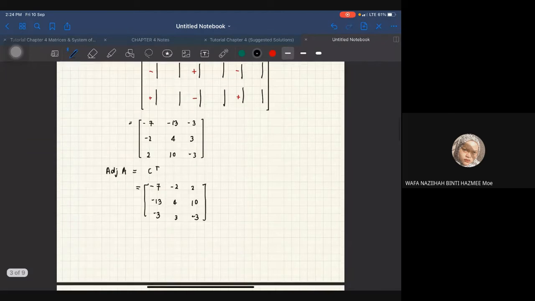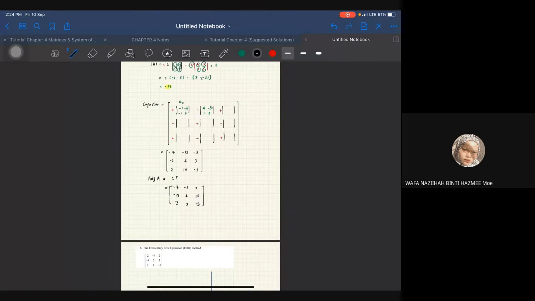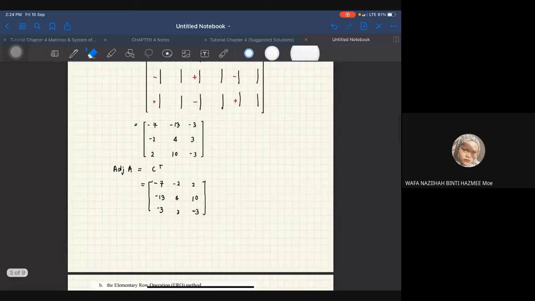Okay, so your inverse matrix is equals to 1 over negative 27 darab dengan awak punya adjoint kat sini. So, kita copy, kita paste sahaja. This one over here.